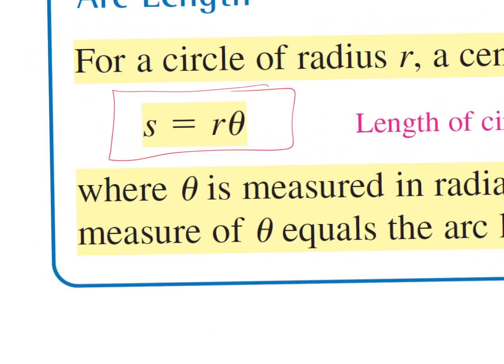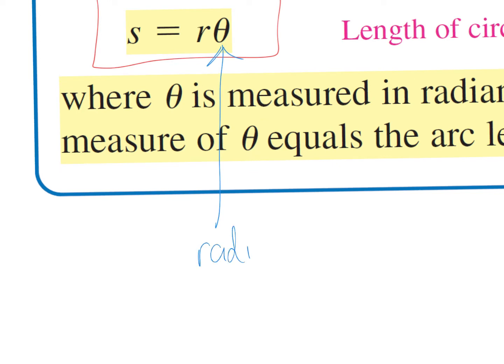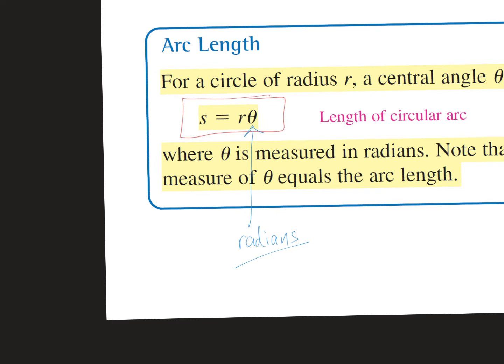What do we have to make sure theta is always in? You've got to make sure it's in radians. If you are given a central angle in degrees, which a lot of times you are, you must convert it to radians first.